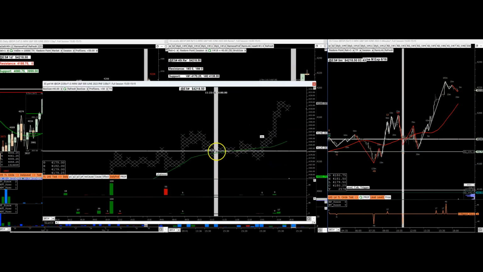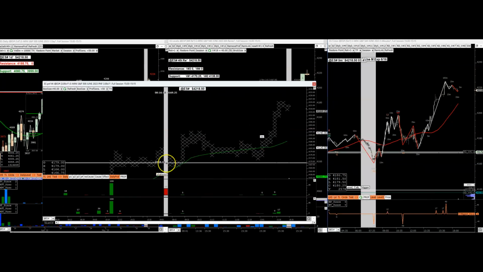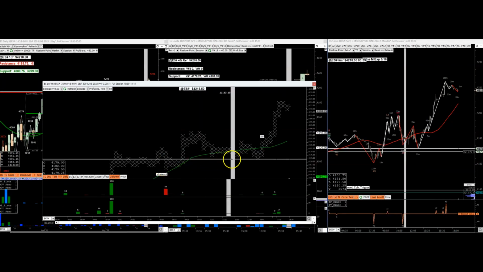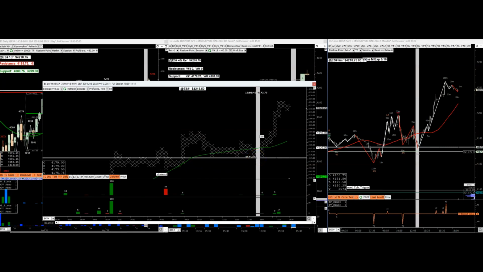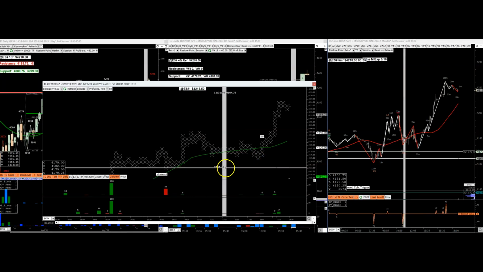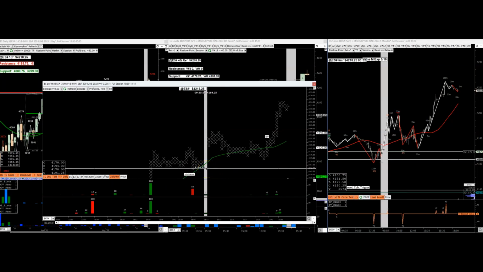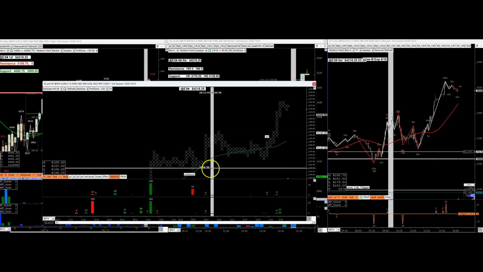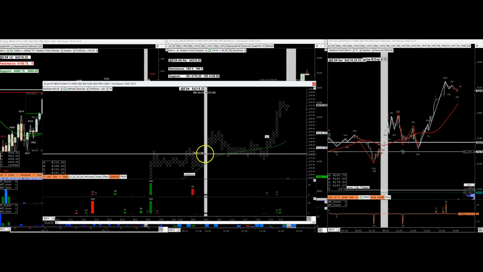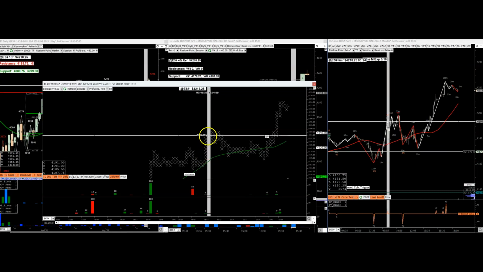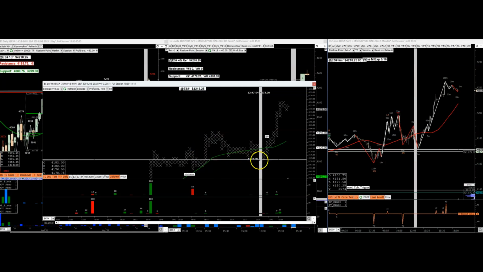So this area was really nice to get long, and the market went down here. But if you just look at the bar chart, you're not going to see it. The bar chart will show selling and this and that, but the point and figure chart gives you clarity. Why? You have a rally and pull back to support.